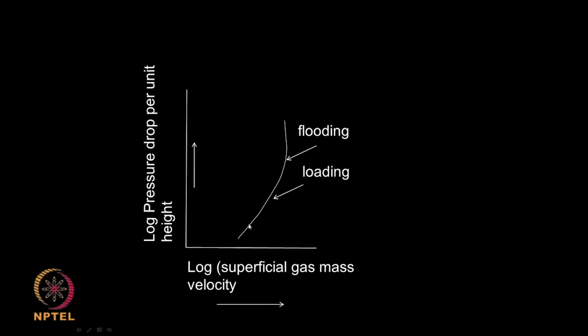So, I need to operate my gas velocity much lower than this flooding velocity, because if my gas velocity is too high, the liquid will not flow down and the whole column will come to a standstill. On the x axis we have the log superficial gas mass velocity, and on the y axis the log pressure drop per unit height. As the gas velocity is increased, the pressure drop increases and suddenly it just shoots up, and this is called the flooding velocity.